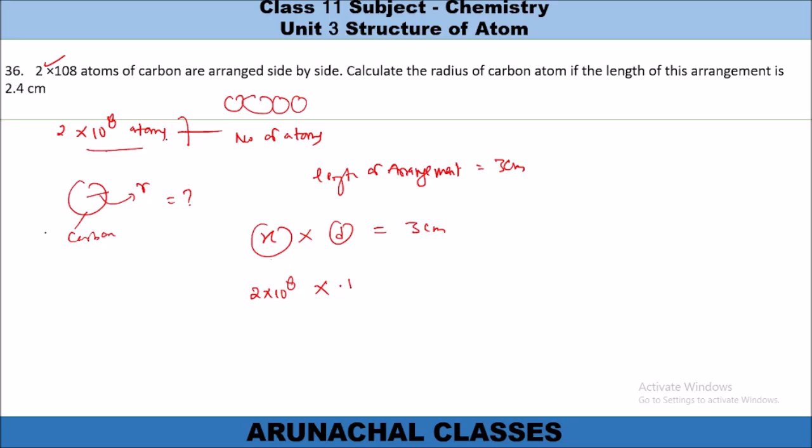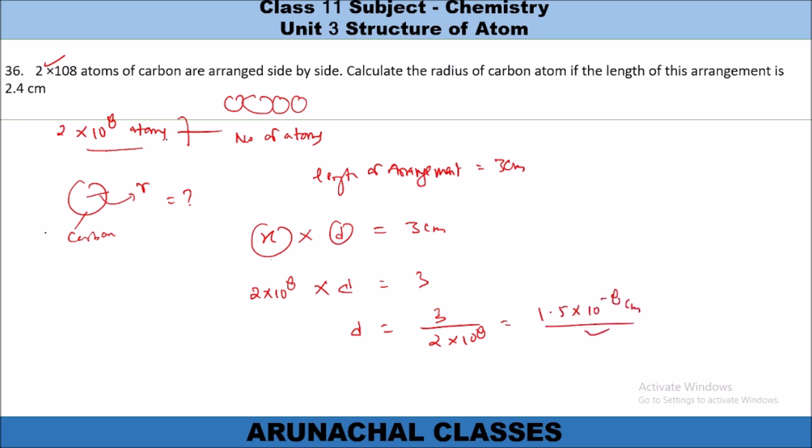So the diameter d will be 3 upon 2 × 10⁸. So we get 1.5 × 10⁻⁸ centimeter.